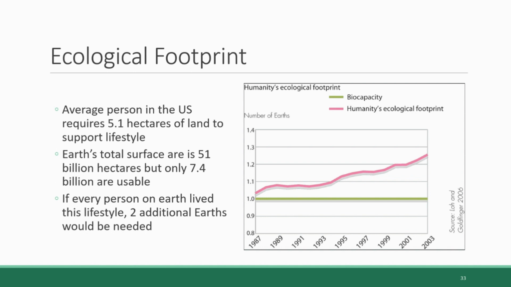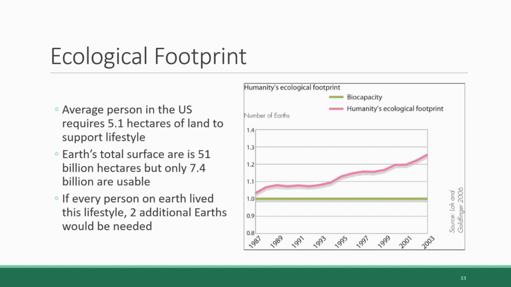So if you run a calculation, assuming that every person on Earth, not just Americans, was using this much land to support their lifestyle, then we would not need just one Earth, but two additional Earths, the resources of three total Earths to maintain that lifestyle for everyone. Now, that just pertains to people in the US who consume more than the average person on Earth.